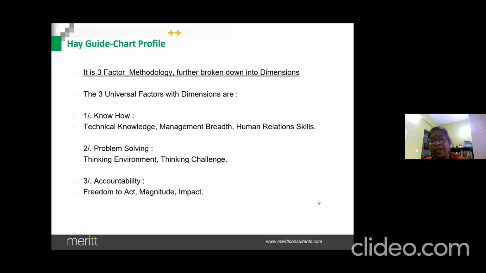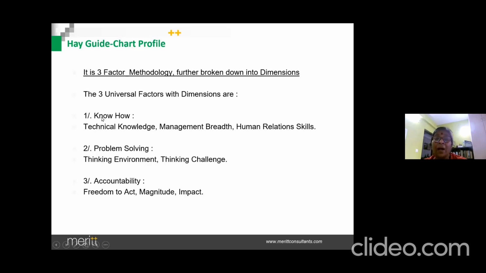But say, for example, in a Hay, you don't have to identify compensable factors, and we do not have to populate the plan. Everything comes fixed. There's no flexibility in the number of compensable factors. Hay comes with 3 compensable factors: Know-how, which is called KH, problem solving and accountability.